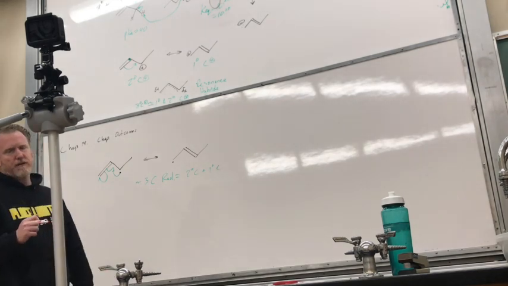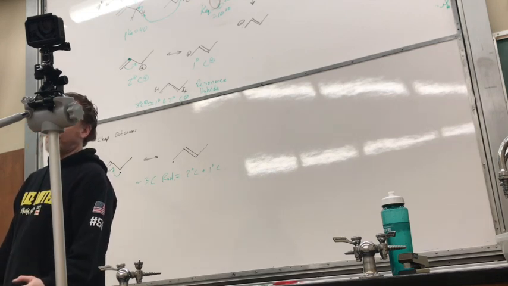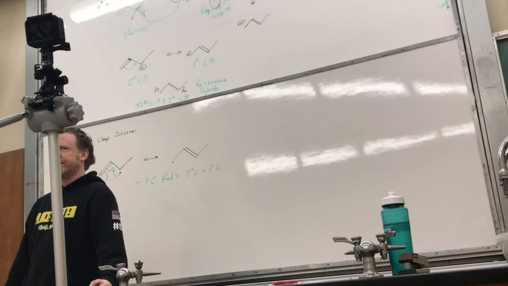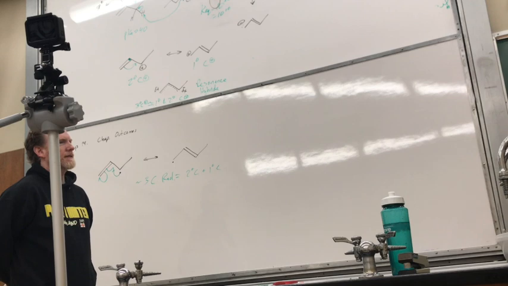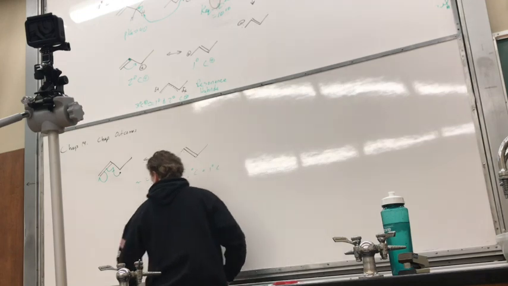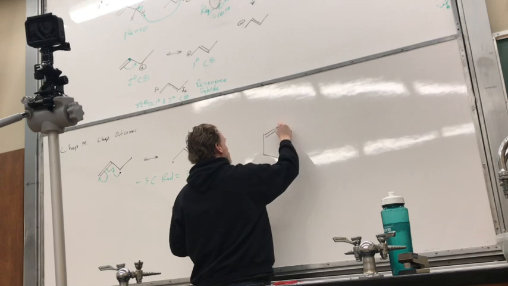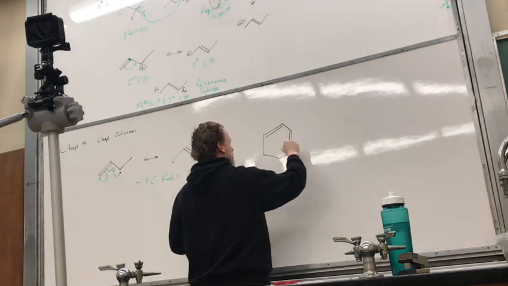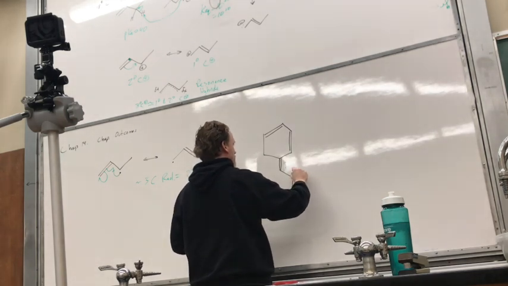So let's try a more complicated one. What do you want to do? You want to do a complicated carbon radical, carbocation, or an anion? This one's going to have a lot of resonance.